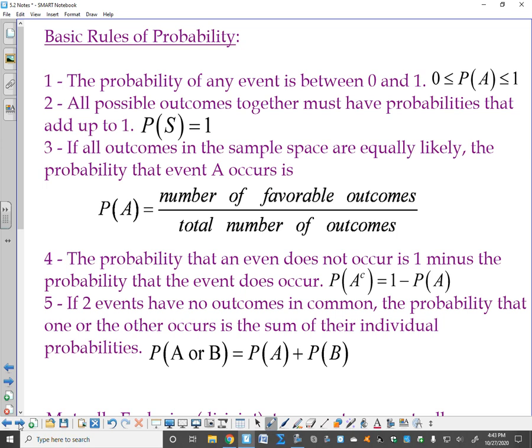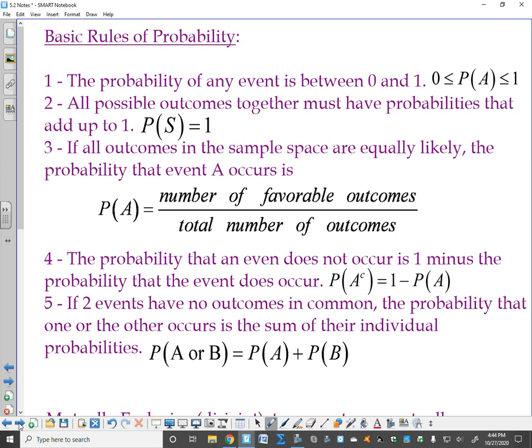Well, that could happen 4 different ways out of 36 possible rolls. The probability that an event does not occur is 1 minus the probability that the event does occur. All right, and there you can see it again. Now they put the C on the event this time. So probability of a complement is 1 minus the probability of A.